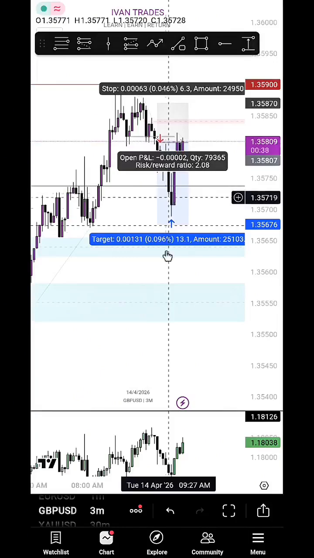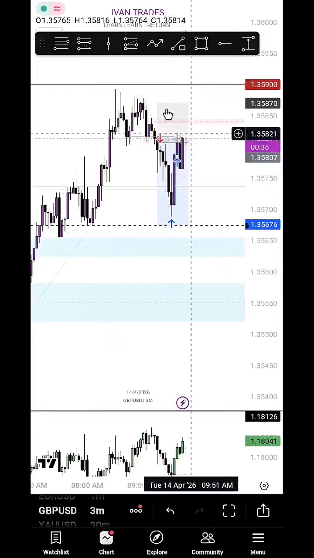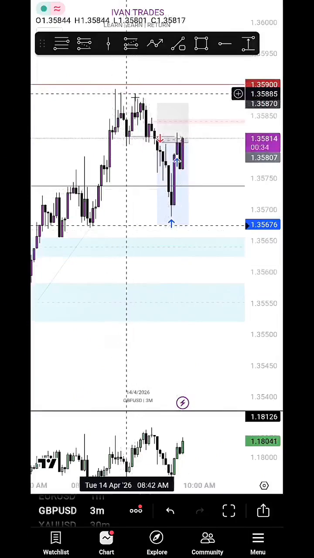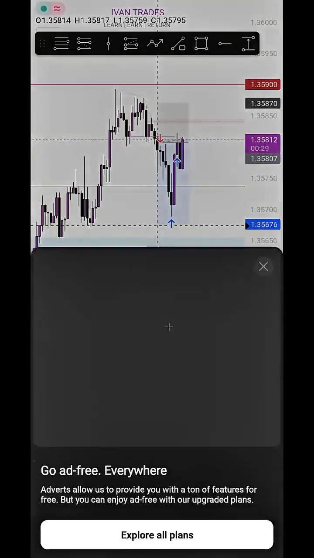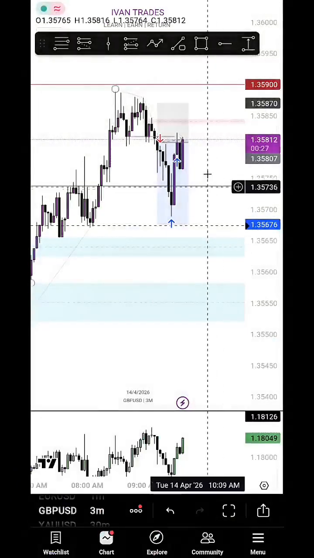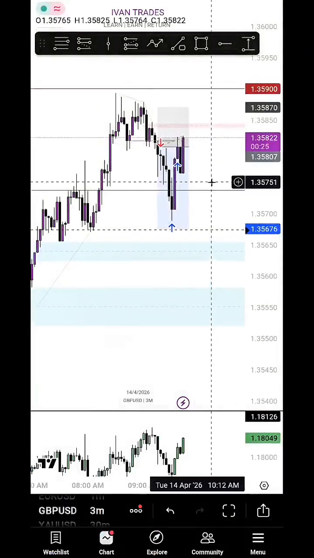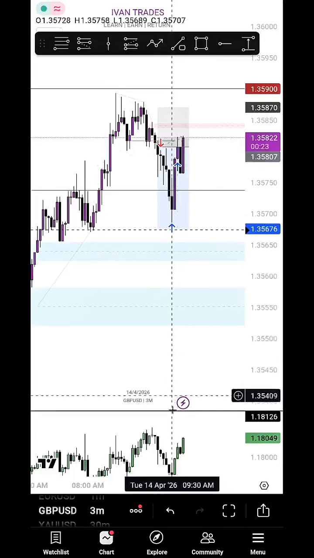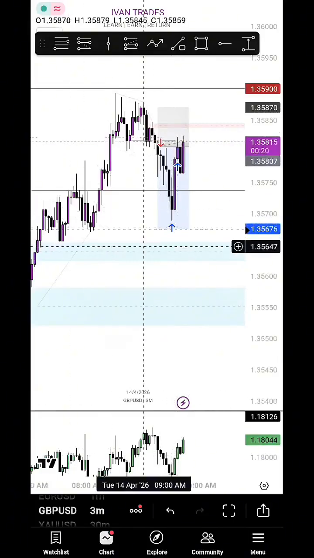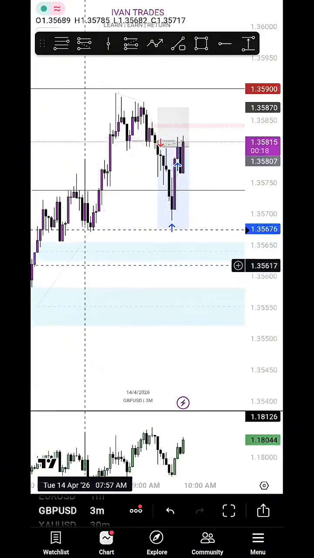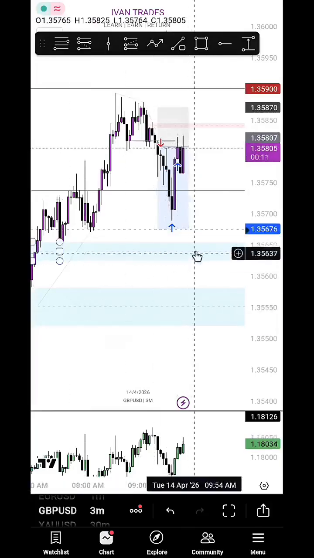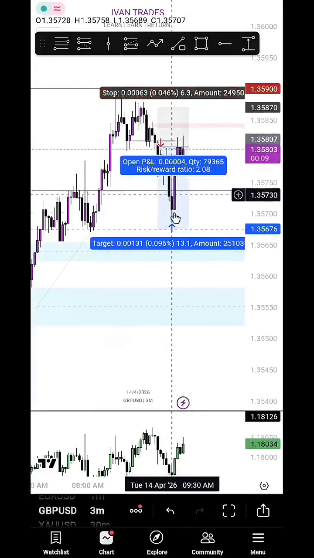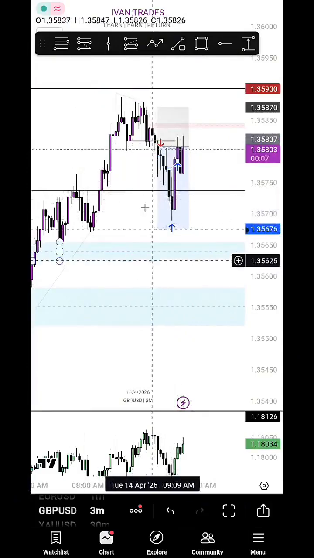At minimum, I'll be looking for a long trade towards this psychological level right here, which price might still reach, and since 9:30 opened low, then I expect price to maybe reach back into these relatively equal highs right there and make them a little bit rugged before considering any more short setups.